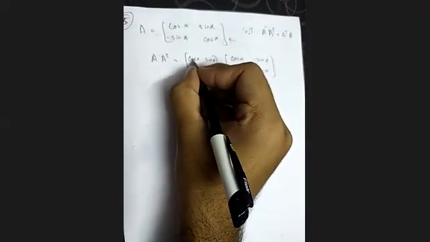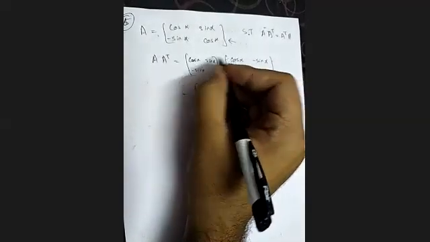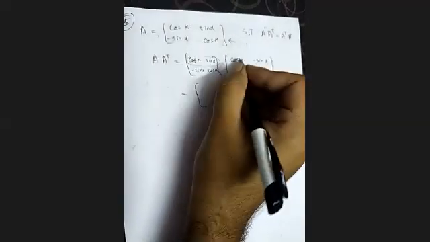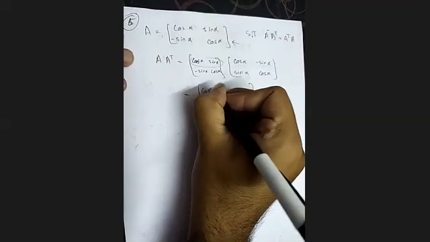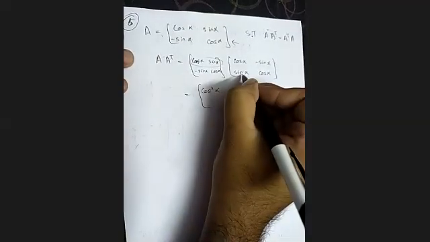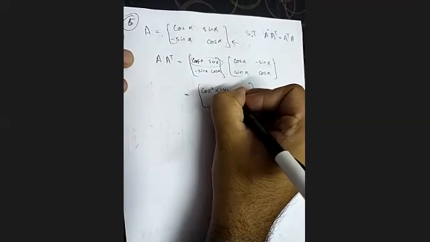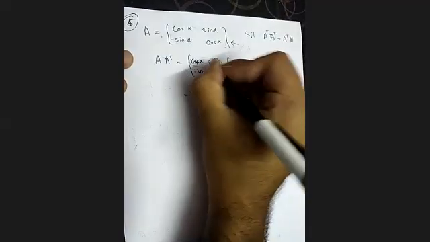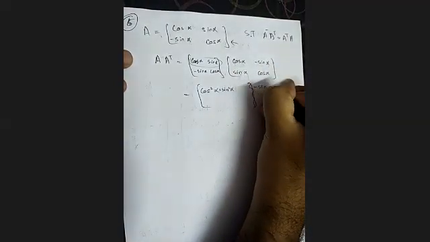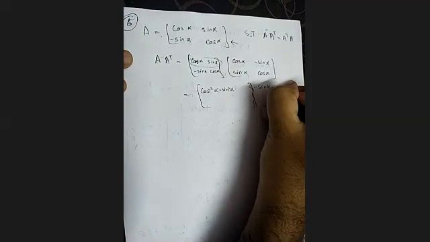Now we have to multiply rows into columns, row into column. Okay. So cos into cos will be cos square alpha. Sin into sin will be sin square alpha. Similarly, cos into minus sine will be minus sine alpha cos alpha.